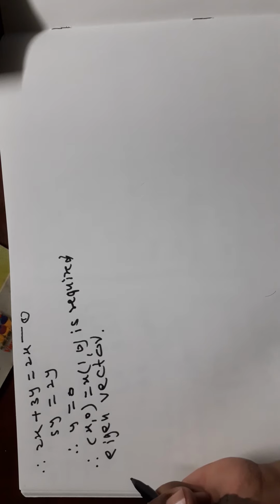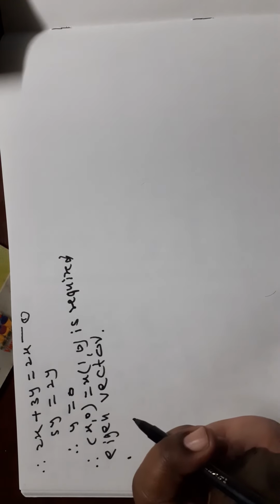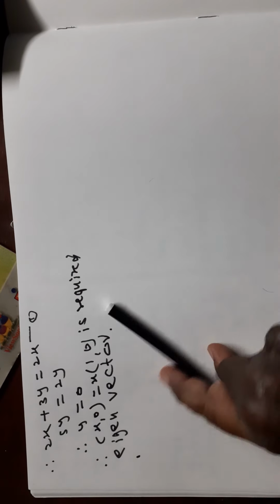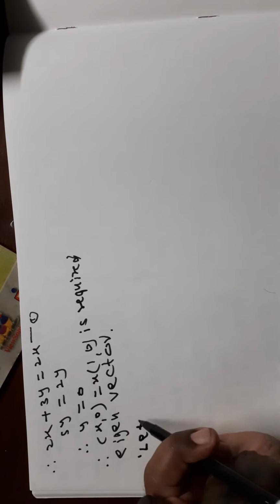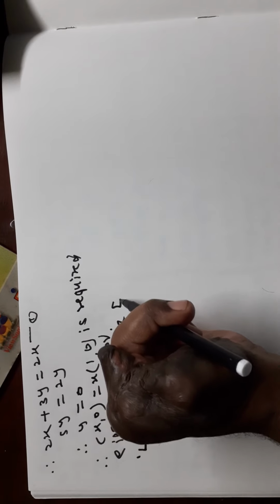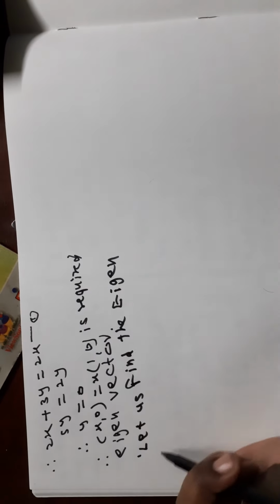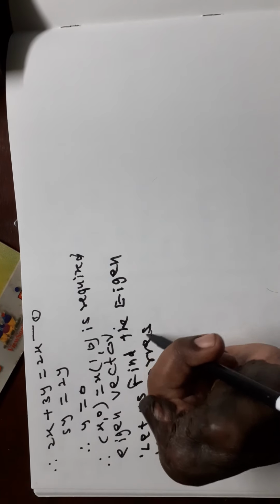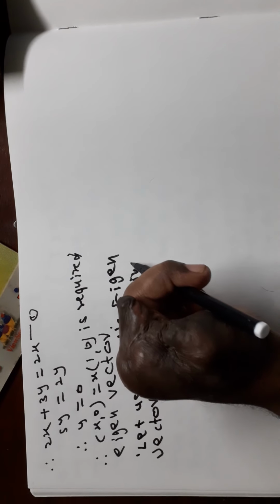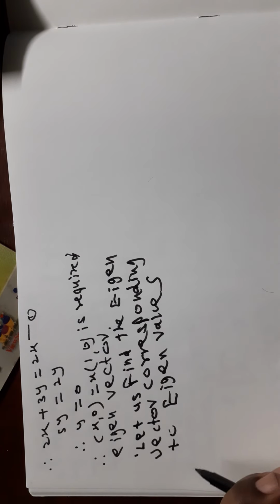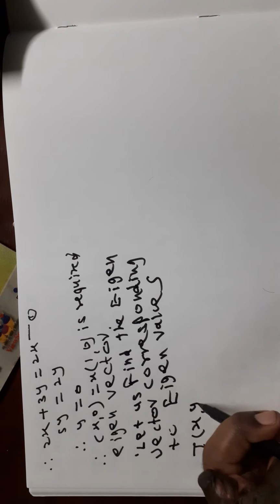Now let us find the eigenvector corresponding to eigenvalue 5. T(x, y) is equal to 5(x, y).